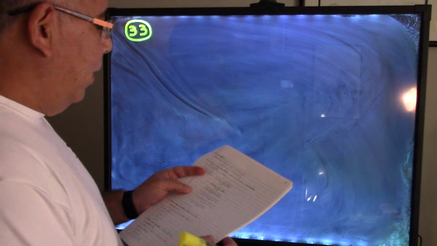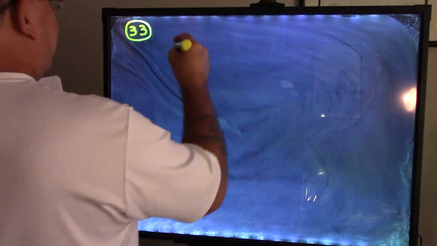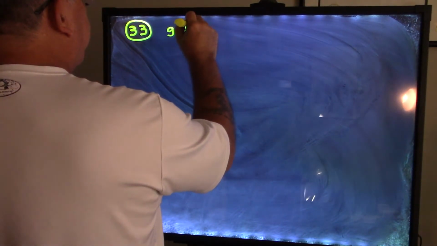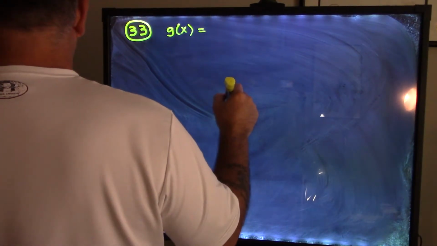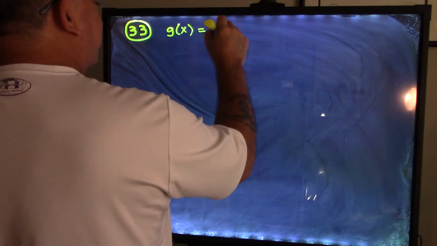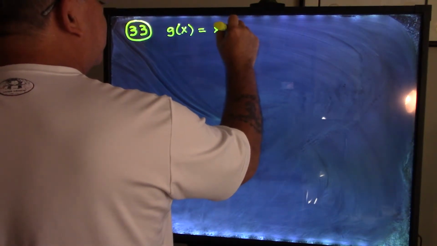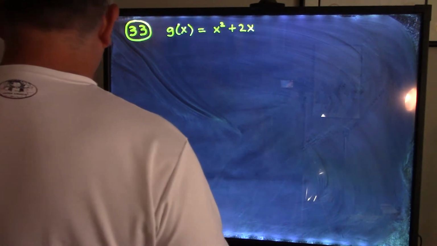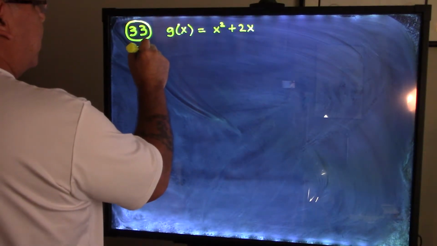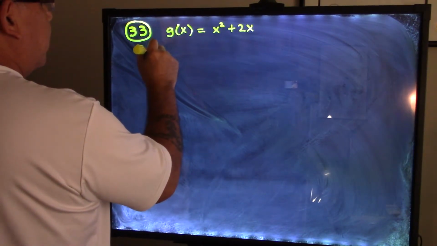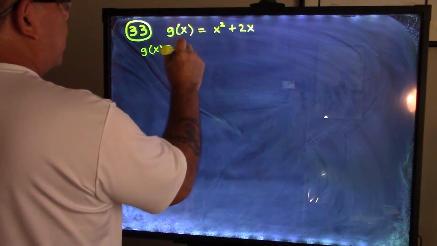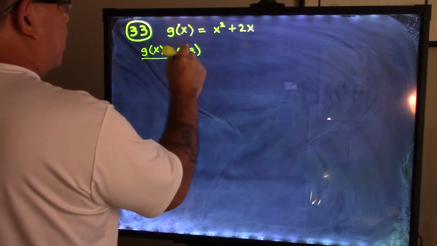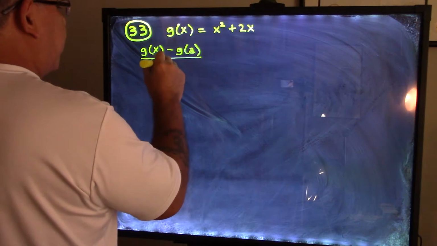Okay, so we've got g of x is equal to x squared plus 2x. So we want g of x minus g of a all over x minus a.